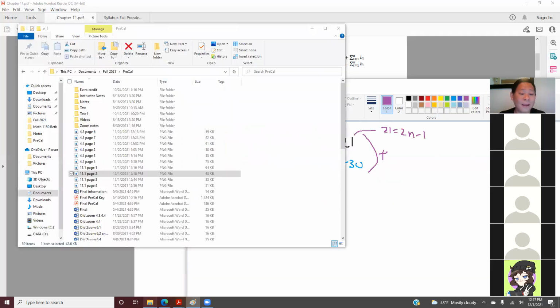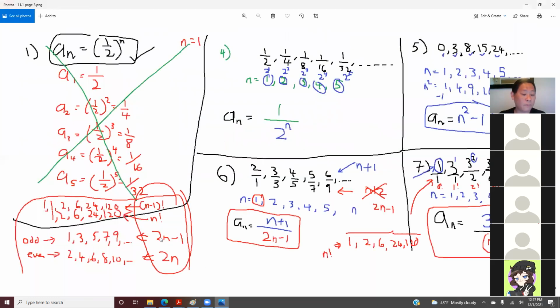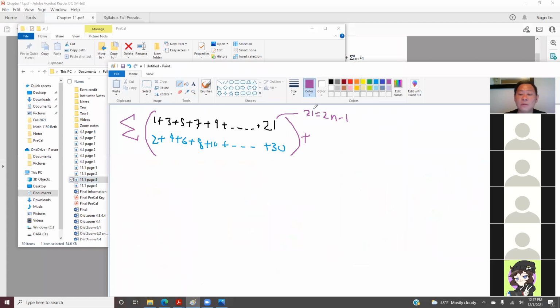I always forget. Where is the formula that I showed you earlier? Yep, 2n minus 1. So if it's odd, 1, 2, 3, it's 2n minus 1. So we have to figure out what your n is here. n is 11. So in this case, this has to be n at 22, not 30. It has to be the same n.